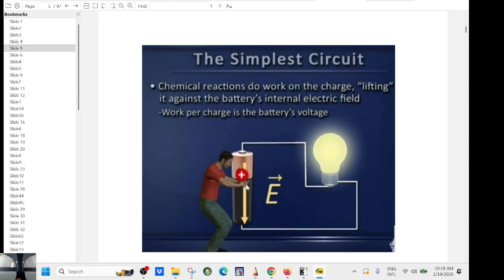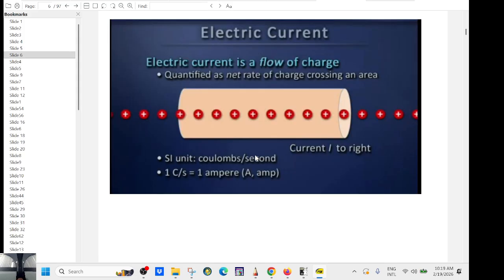So this is the idea. Each coulomb of charge, okay, the battery. If you want to create a voltage, you have to do work against an electric field. Here the battery itself is doing work through a chemical reaction against the electric field. So the coulomb of charge is raised to a higher potential energy, 1.5 joules per coulomb, for example, and that energy is delivered to the load, and you can change how many coulombs are produced per second.